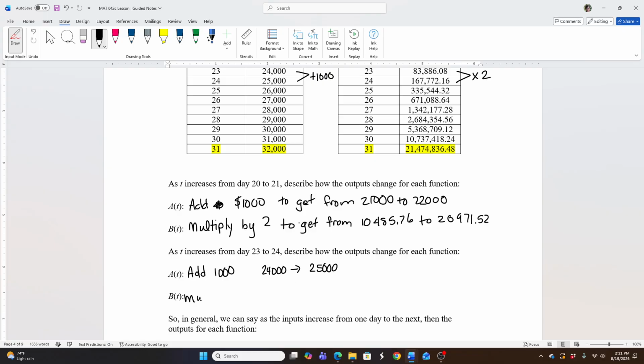And here we multiply by 2, and that really increases a lot, from $83,886.08 all the way up to $167,772.16.